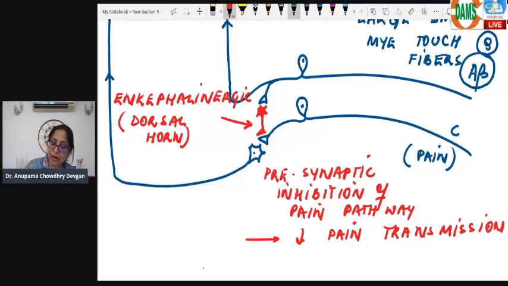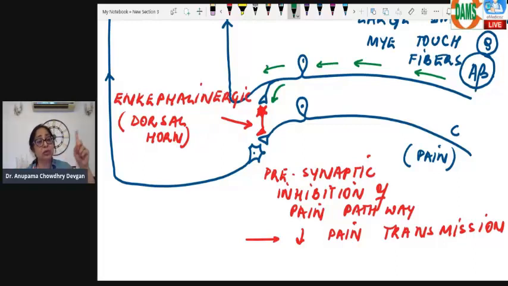When you lightly rub that area, you will excite these A beta fibers, and these A beta fibers send excitatory impulses to this encephalinergic neuron. This encephalinergic neuron forms an axonal synapse with the pain pathway. It's an inhibitory neuron, and it secretes enkephalin on the axonal synapse, so it causes a presynaptic inhibition of the pain pathway.